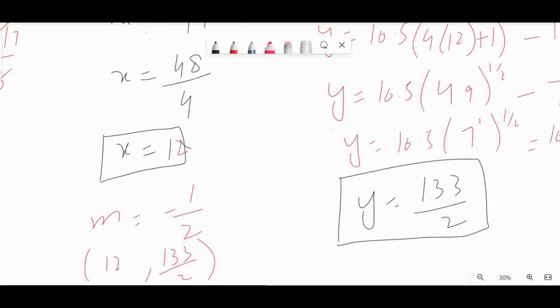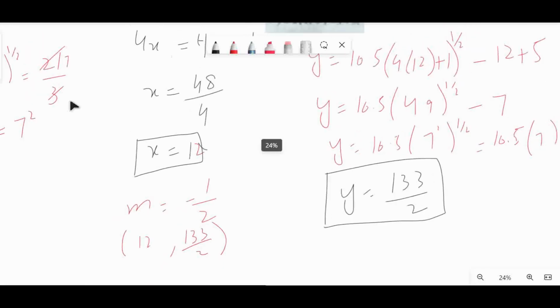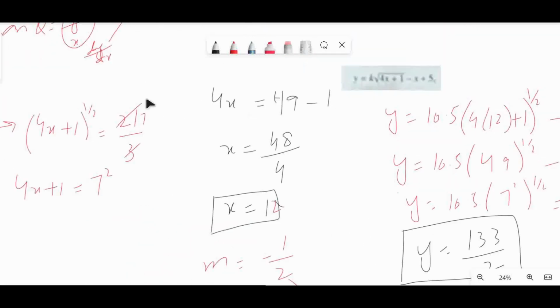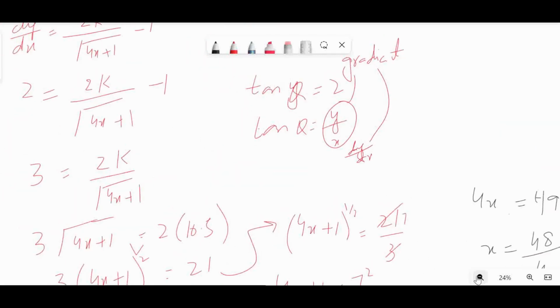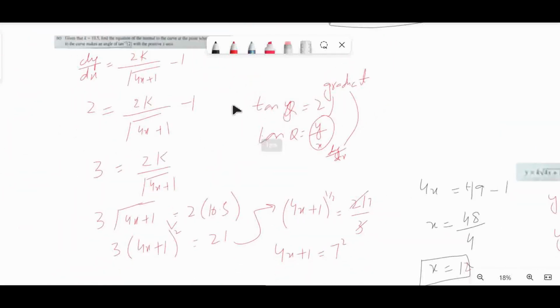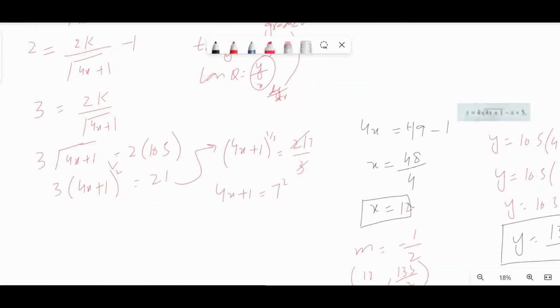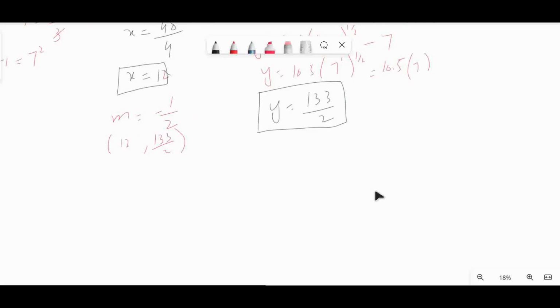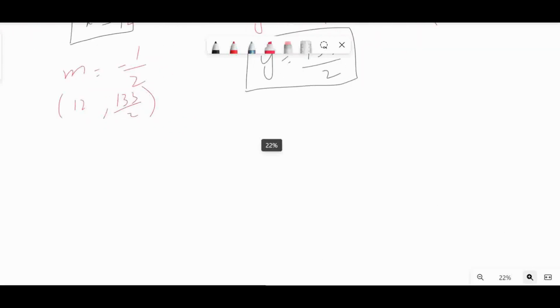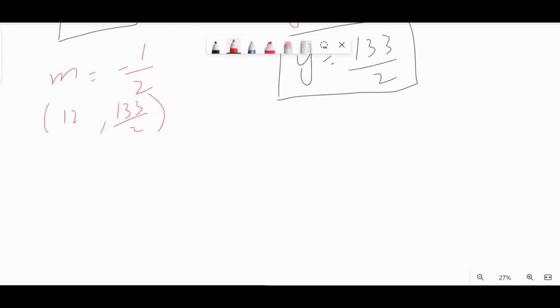Let's see, we have to find the equation of the normal line. For the equation of the normal line we use y is equal to mx plus c.